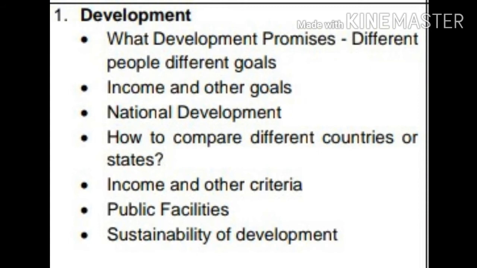It means their developmental goals are also different. The same applies to the second point, income and other goals. Not only income, but other goals are also important, which can sustain our life. We will give this information in our next point.